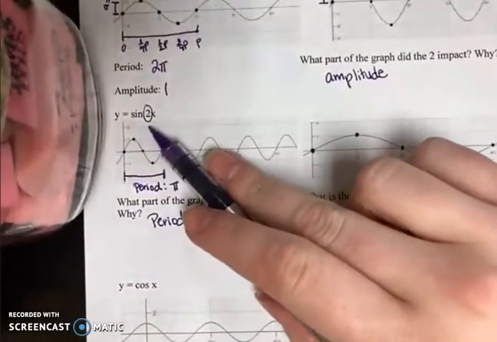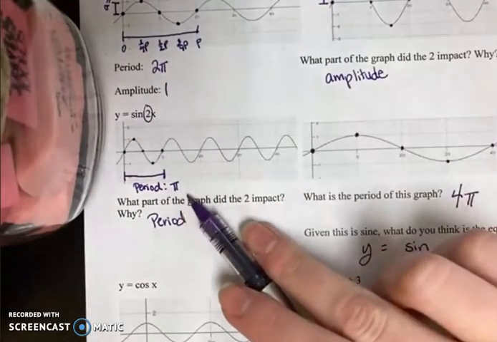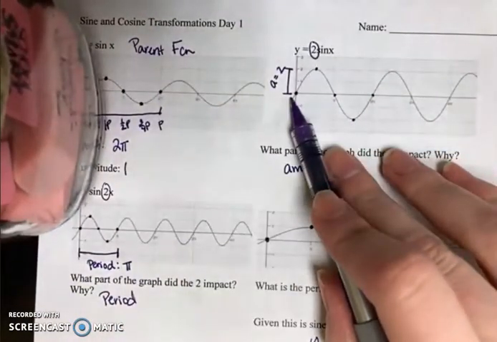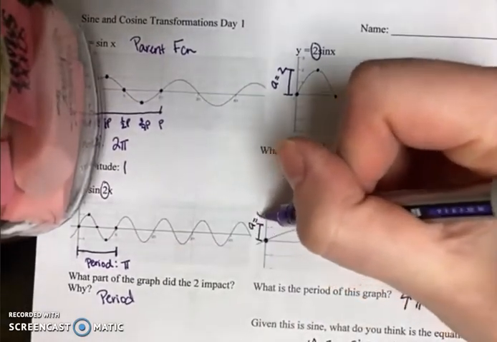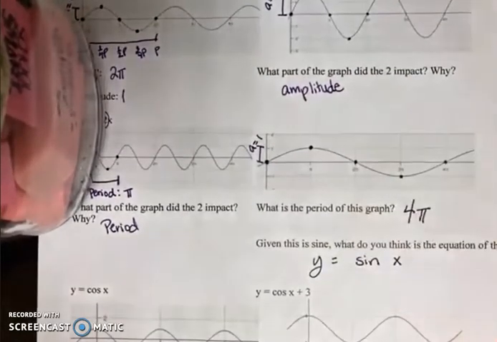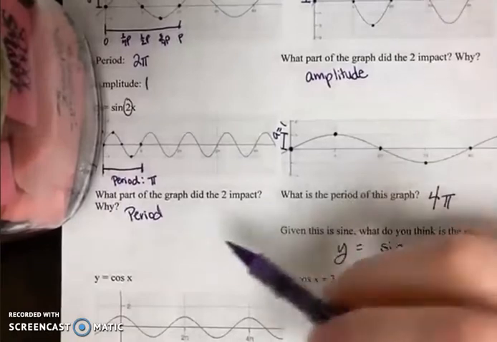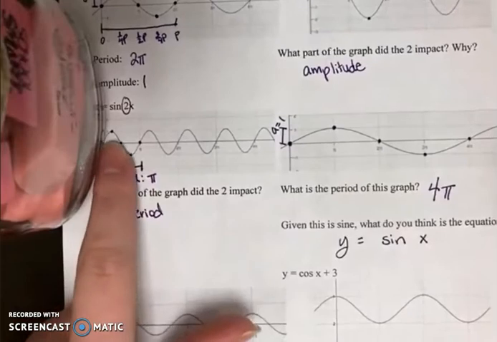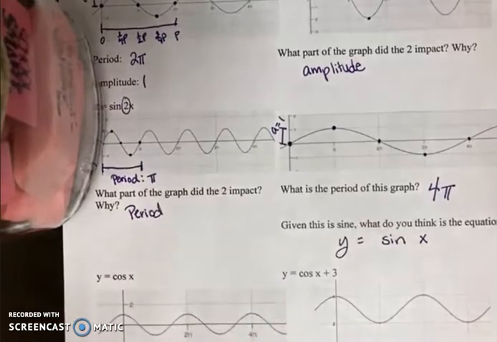Now, over here, when we included a number on the inside of sine, it changed the period length. And when we had a number on the outside, it changed the amplitude. So when I look at this equation, the amplitude is still 1. So I'm not going to have a number other than 1 in front of my sine. But because the period has changed from 2 pi, I do need to put a number in front of the x. Now, when I put 2, we increased the frequency, and I had 2 cycles in the length of 2 pi.